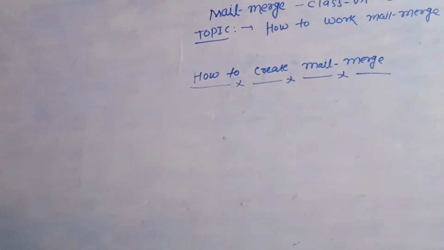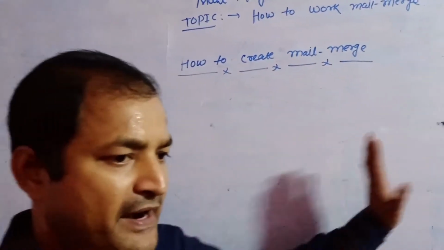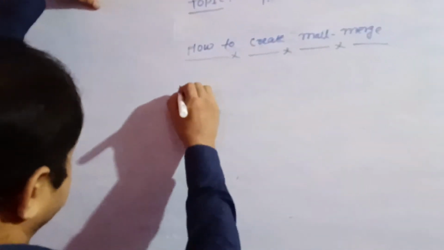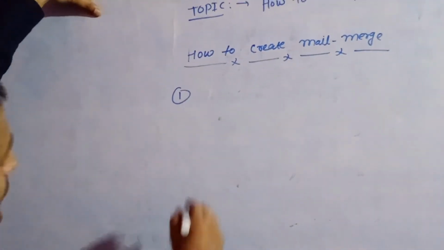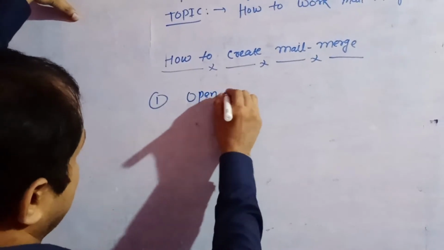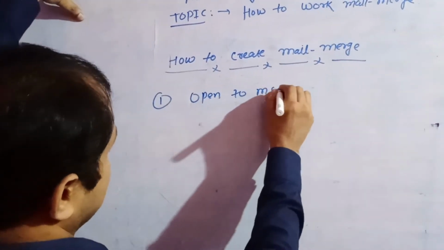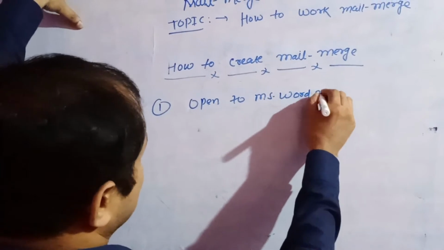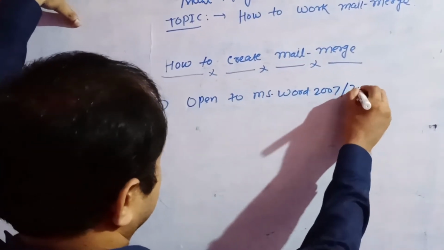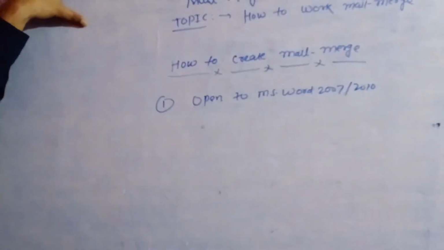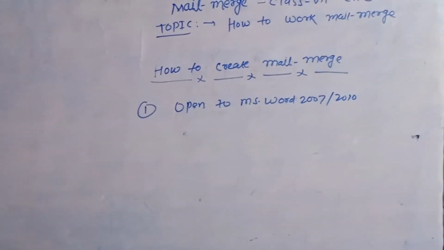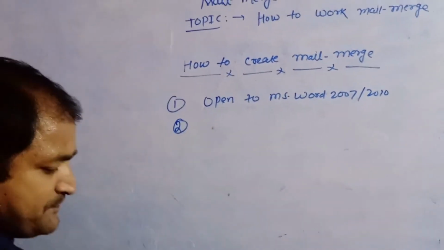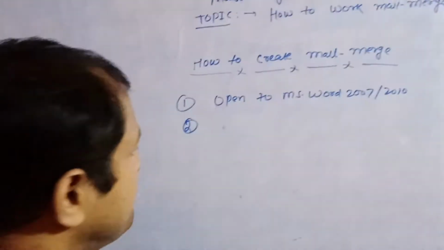There are 6 steps provided in the mail merge. First of all, open MS Word 2007-2010, it doesn't matter. Second point, go to the mailing option.